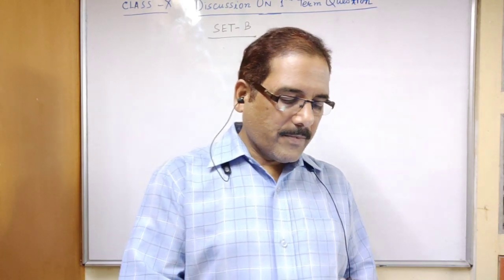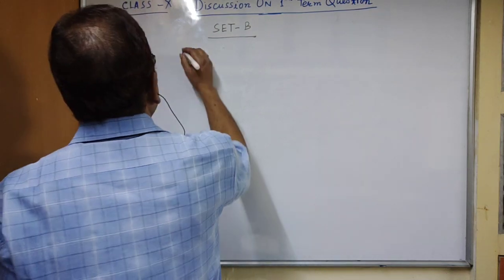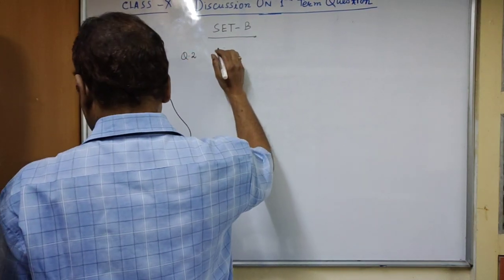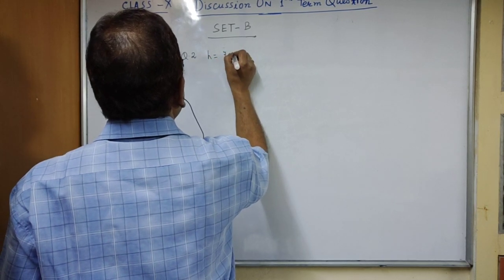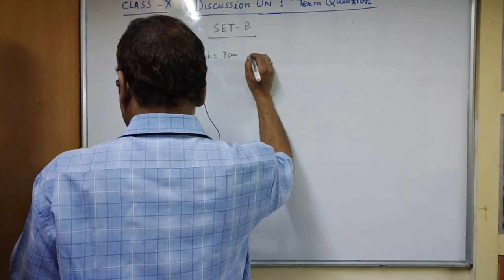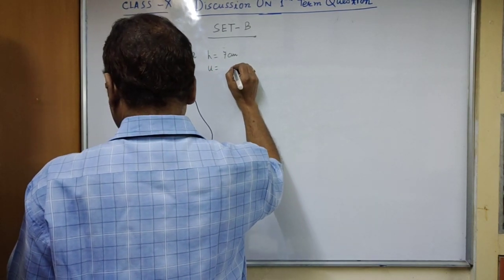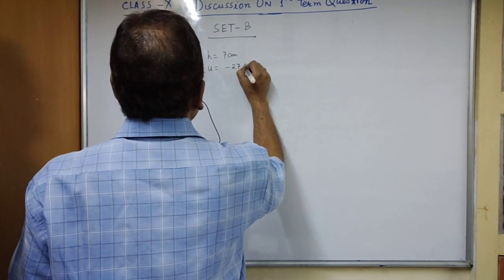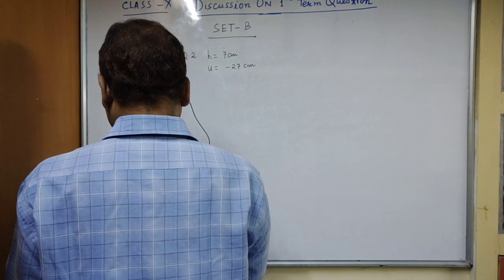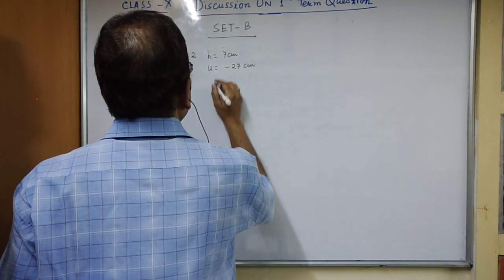Then the second question was: an object of size 7 centimeter. So it was a numerical. So height of object is given, h is 7 centimeter, is placed at a distance of 27 centimeter in front of a concave mirror. So object distance is always negative, so minus 27, of focal length 18 centimeter.